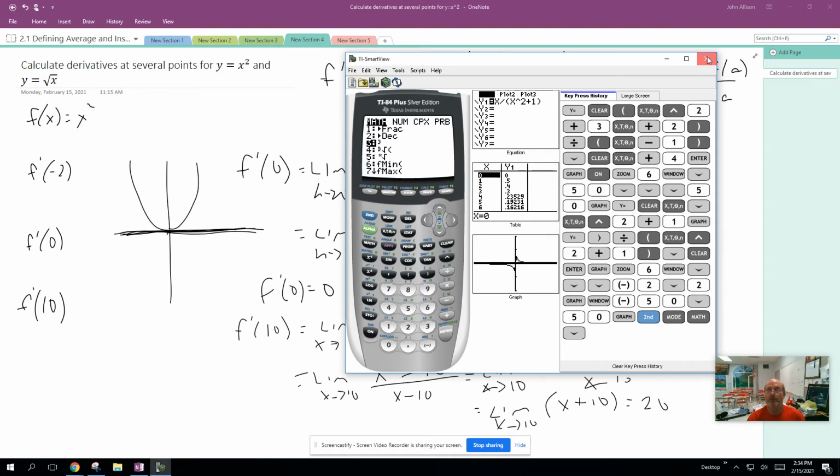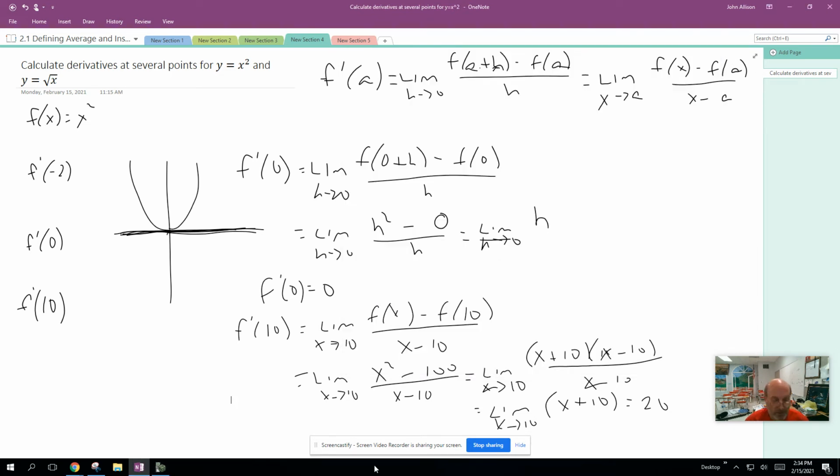Let's try this. All right, the calculator application froze, so we're not going to use that. I'll teach you another time how to find the numeric derivative on that, or I'll link a video to it. So that's how you find the derivative of y equals x squared, several examples.